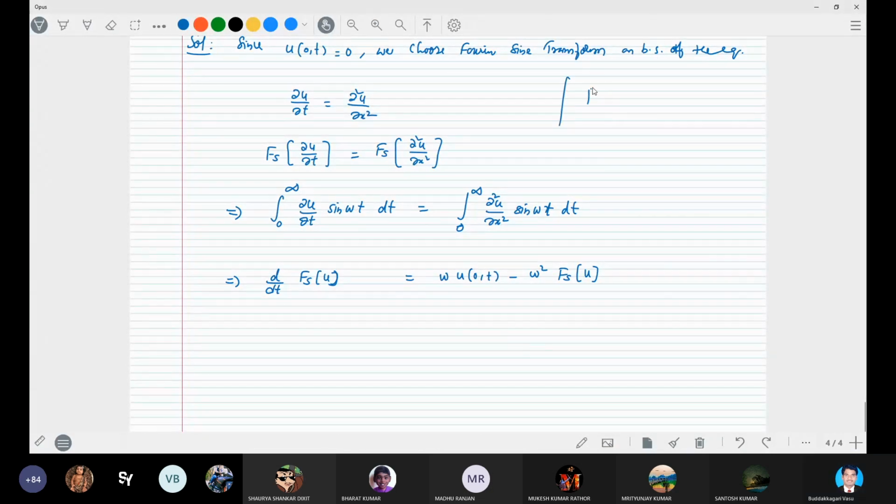Here I am writing the Fourier sine transform of u is equal to the integral from 0 to infinity of u(x, t) sin(omega x) dx. That implies d/dt of the Fourier sine transform of u plus omega square into the Fourier sine transform of u is equal to omega into u(0, t), which is given.